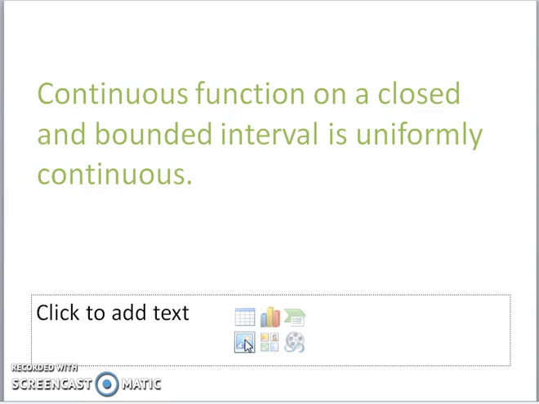It is guaranteed. So we have learned about uniform continuity of a function, how it differs from continuity, and how a Lipschitz continuous function is always uniformly continuous. Thank you.